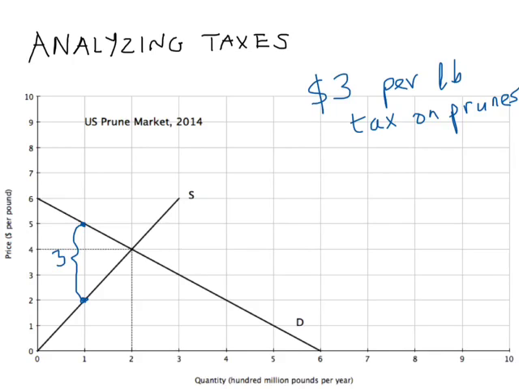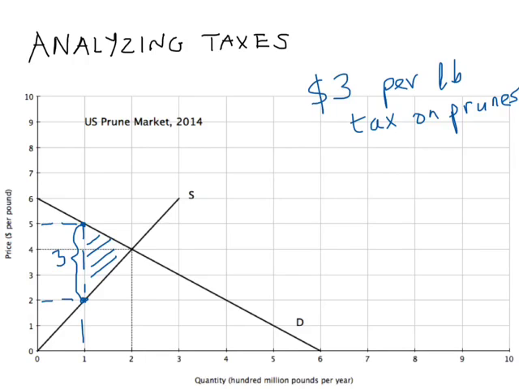The government takes this tax away. So buyers would pay $5 and sellers would receive just $2 a pound. And the difference goes to the government, and that's how we analyze the economic effect of a tax. And notice there's some deadweight loss. This deadweight loss, surplus that would have accrued to buyers and sellers if we had not taxed this market, but that doesn't accrue because we did.